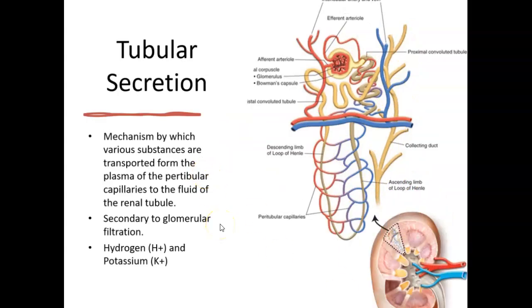Okay. So finally, it goes through a process of tubular secretion, where we take things back out of it again. This is an important distinction because what's coming back out during tubular secretion is hydrogen and potassium ions.